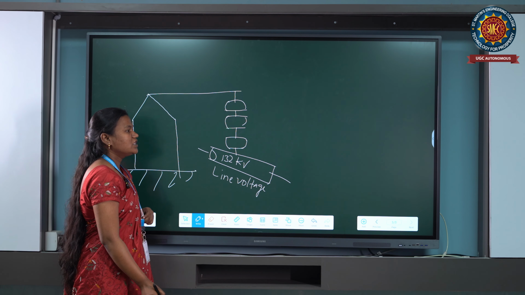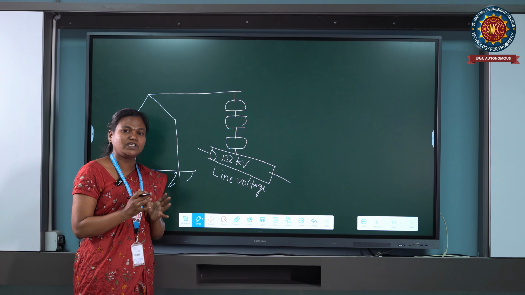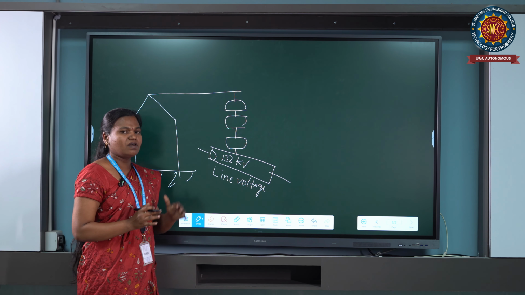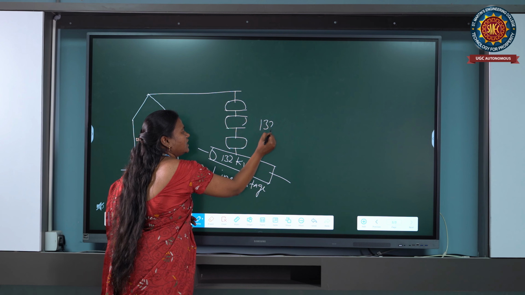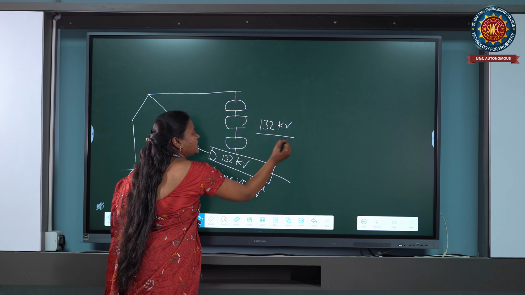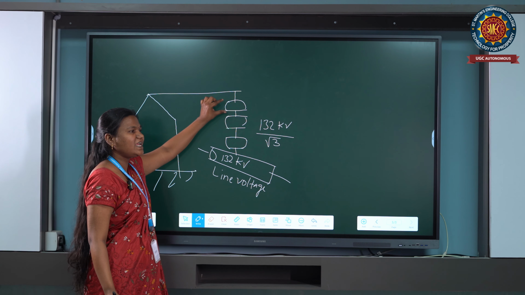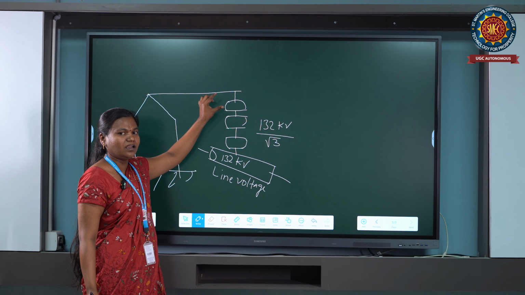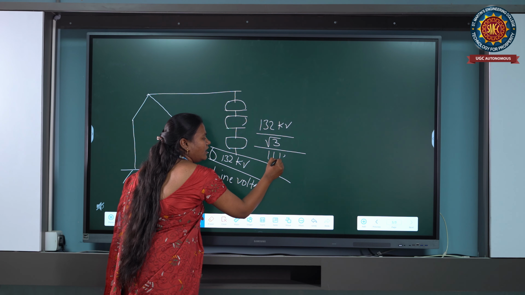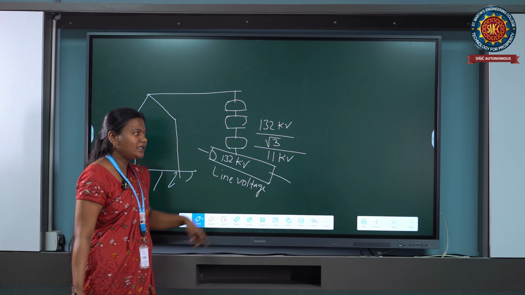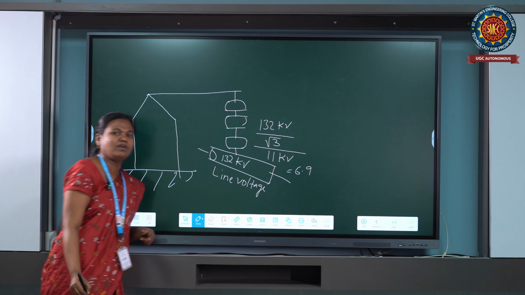I want to calculate how many suspension discs we need for this 132 kV line. We take 132 kV divided by root 3. Now consider how much voltage each disc will take, which is nothing but 11 kV. Calculating this value, we get approximately 6.9.